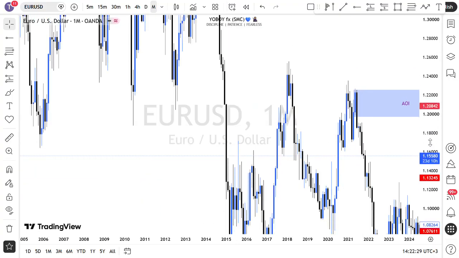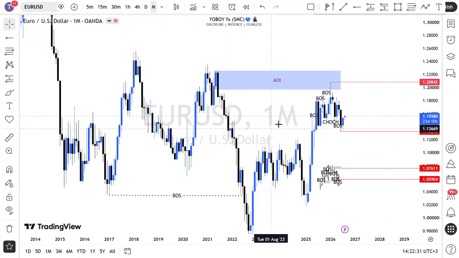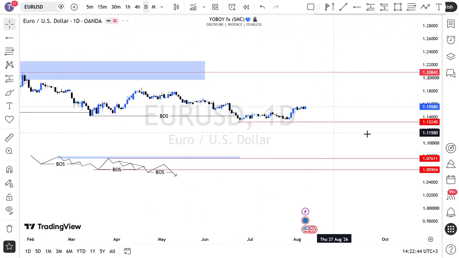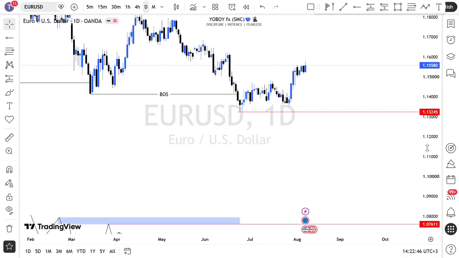Price came into this monthly order block and mitigated that point of interest, and then formed a very good change of character here. Now we expect price to show us some bearish structures to the downside, and then we look for our selling opportunities to the downside.